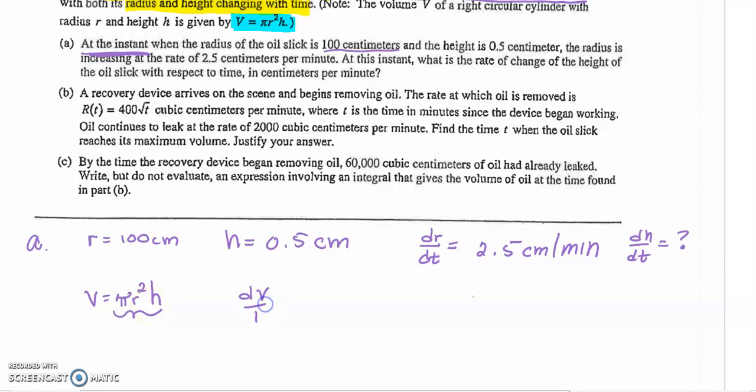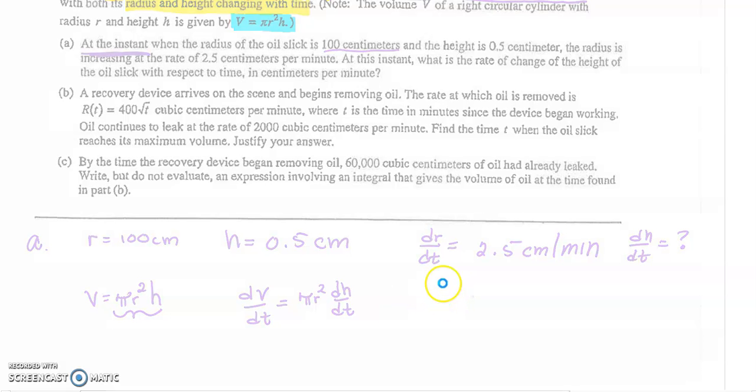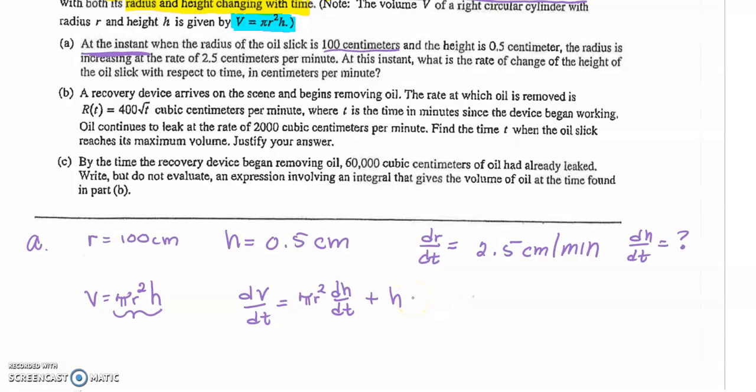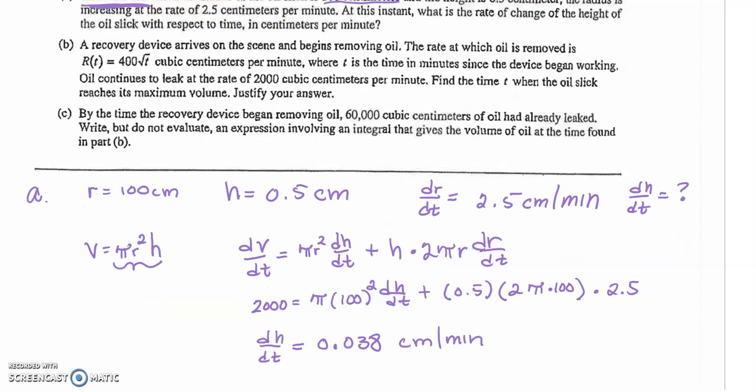So we have dV/dt equals pi r squared times dh/dt plus h times 2 pi r dr/dt. Pause the video, put in all the information you have, and find dh/dt. Here's my answer: dh/dt equals 0.038 centimeters per minute.